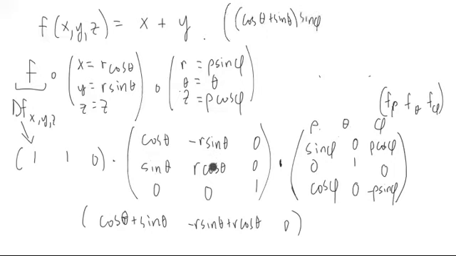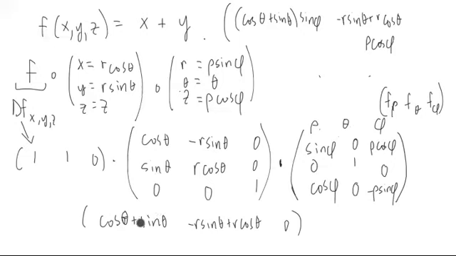Okay, right there. And the next one, we end up just getting negative r sine theta plus r cosine theta. Okay, and then for the last one, we take this and this, we end up getting, and I'll just write it right here, rho cosine phi times that, right?